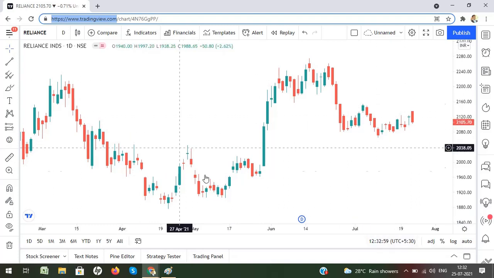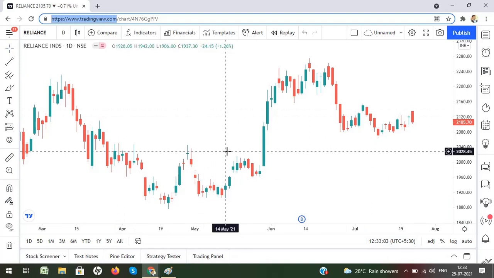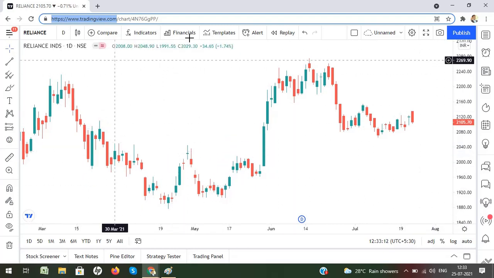Now this is your chart. I'm sure everybody has used charts in one way or the other, in school or in colleges. What you're looking at here on the chart, on the horizontal axis, is the time, or the day, or you can also see the year, and on the y-axis you can see the price.